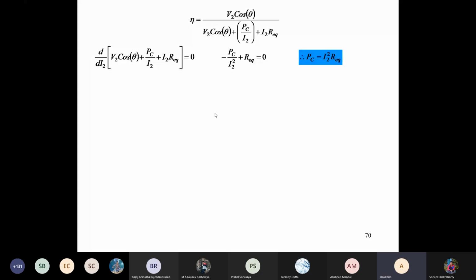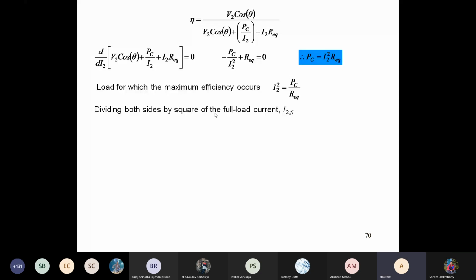So the load at which the maximum efficiency occurs: I2 is the square root of PC by Req. If you divide both sides by the full load current, I2 is any current, so for a particular value of I2 the efficiency is maximized, but I2 can be anything.